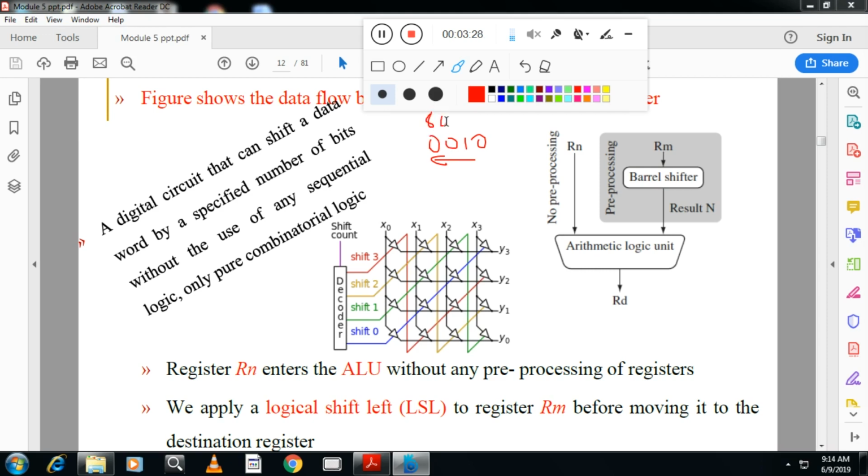The value of this in decimal is 2. When you left shift, this becomes 4, that is 0 1 0 0. Now you right shift this one, and it becomes 0 0 1 0 again. That means right shift leads to division, and left shift leads to multiplication by a power of 2. That you have to remember. So the barrel shifter will do that operation, and finally it will be processed by the arithmetic logic unit. This will improve the performance.